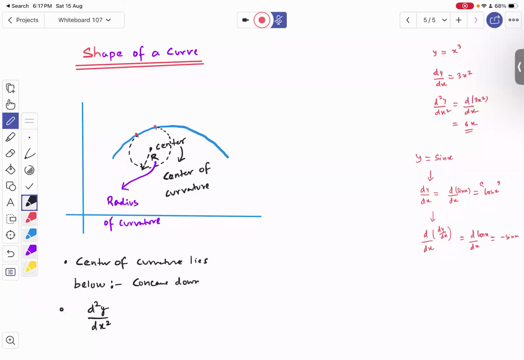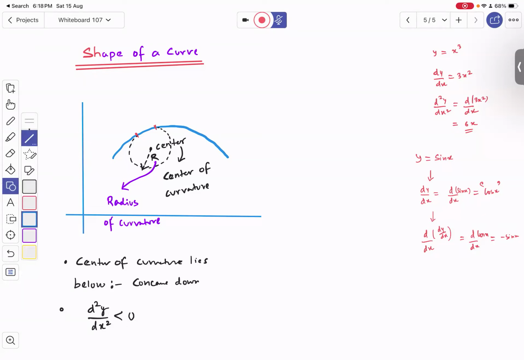That does not mean his life might be becoming bad; it mostly means his life will be becoming good. So upward is related to positive, and down generally people relate to negative. So concave down means negative. So the double differentiation value in that part will be negative.